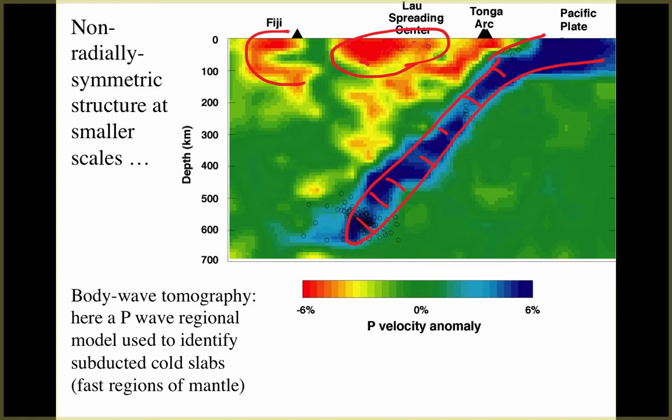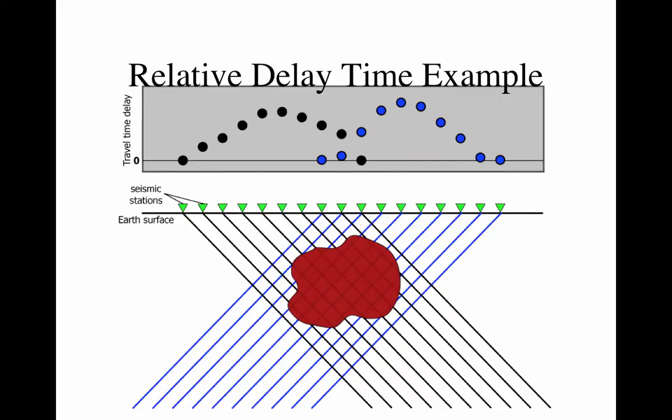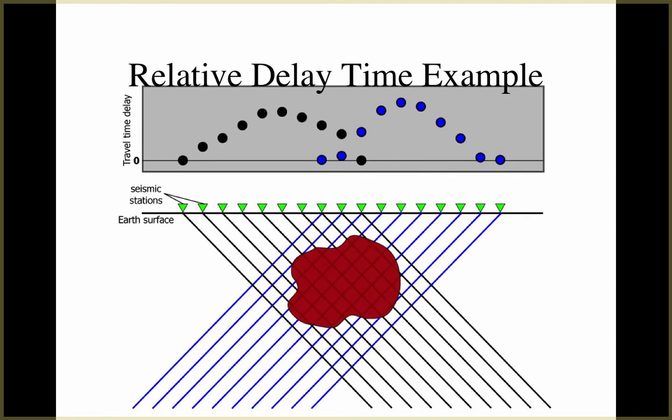We use body wave tomography, the same scientific method as the ultrasound tomography that images a baby in a mother's womb. To take an example of how this works, suppose I have an anomalous object, maybe a high velocity body beneath the Earth's surface.